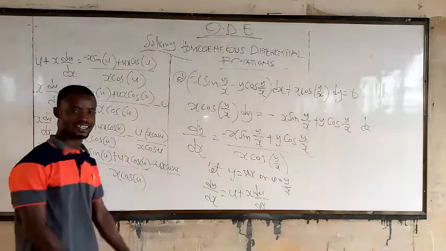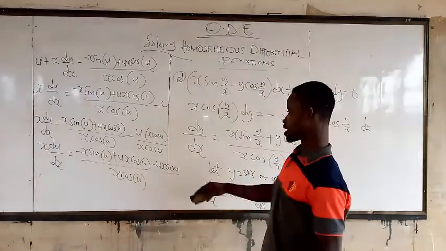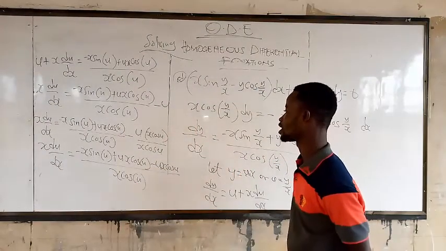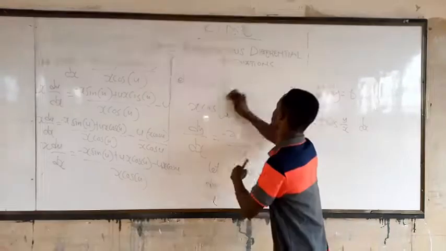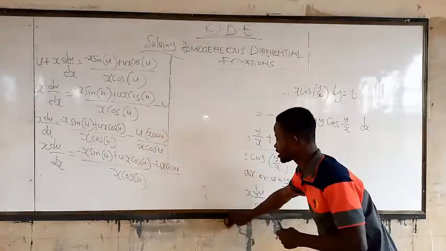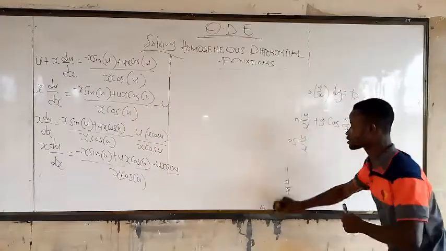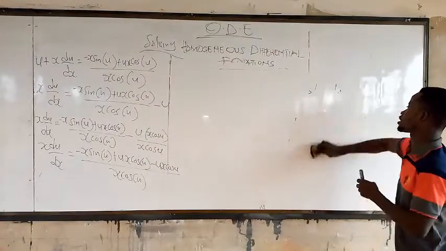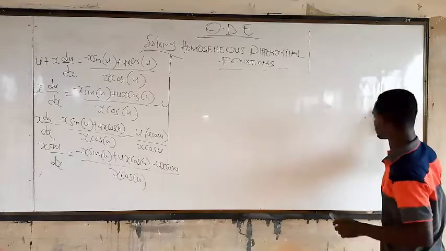Very good. So that is what we get for that. Let's continue. We want to get it in a separable form so that we can solve to get the general solution.